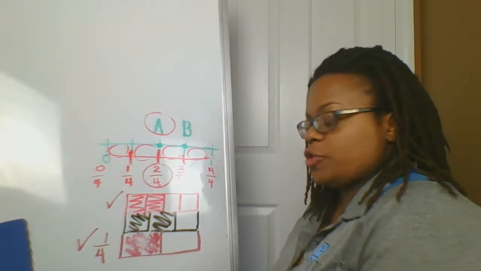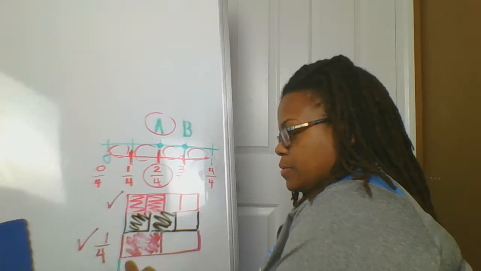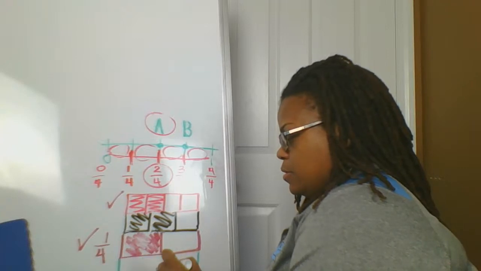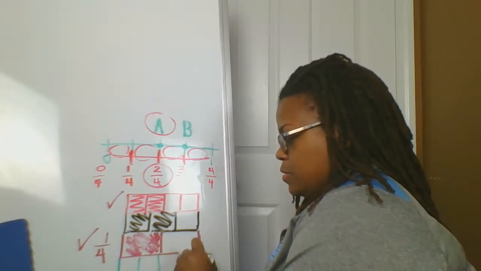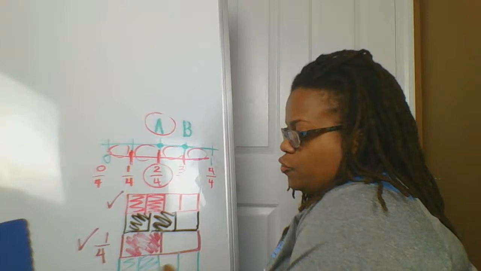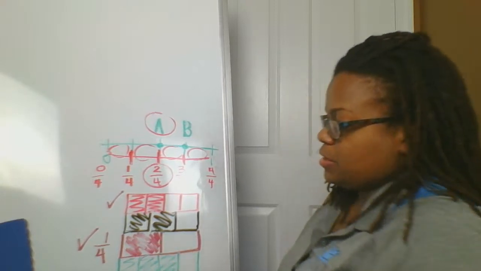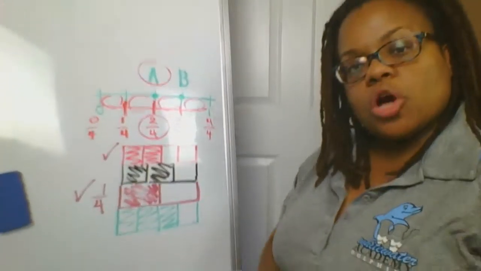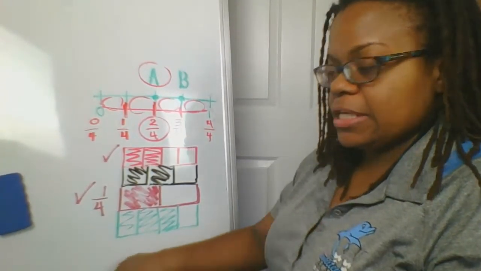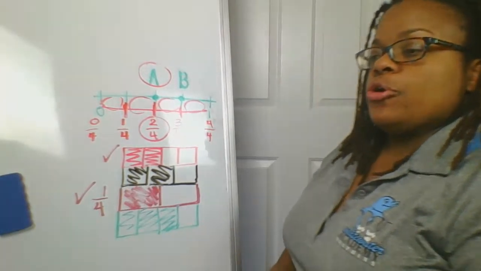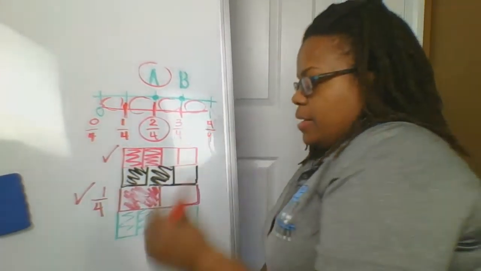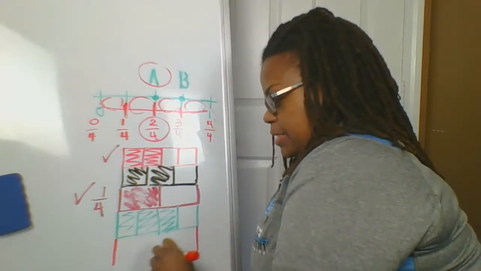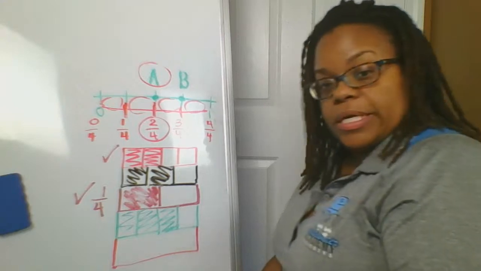My next answer choice was 3/4. 1/4, 2/4, 3/4. Does this 3/4 equal the same amount as up here? No, it does not. Then the last answer option was 2/1. So here goes my one whole. It is split into one whole piece.